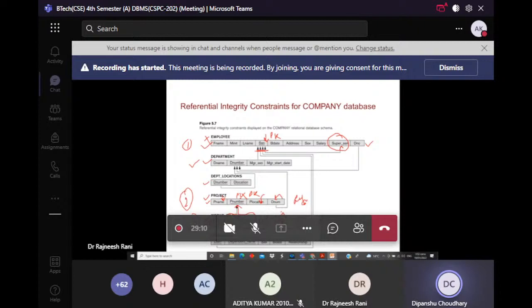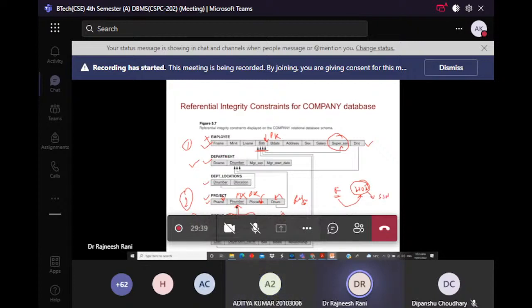For example, in a particular department, a faculty is under the control of a head of department. So which faculty is under the control of which head of department? Again, the head of department is an employee. So you can say the head of the department will have a particular SSN number.